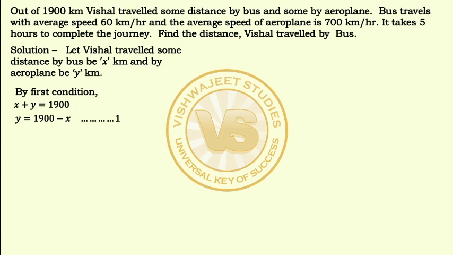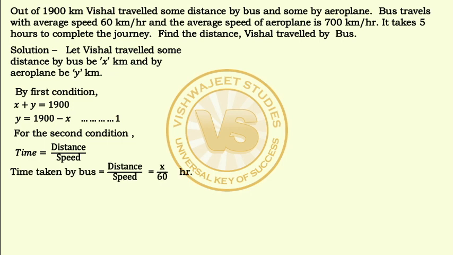For the second condition, we are using the formula time is equal to distance upon speed. Here, the time taken by bus we can find by the formula distance upon speed, that is x upon 60 hours. The time taken by aeroplane again we can find by the formula distance upon speed. Here the distance by the aeroplane is y and the speed of the aeroplane is 700.